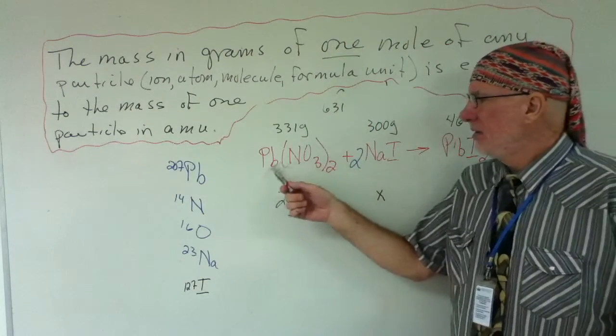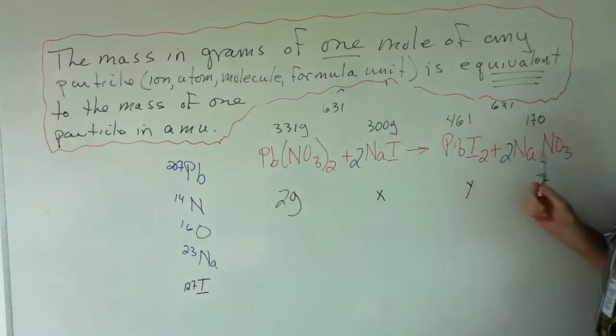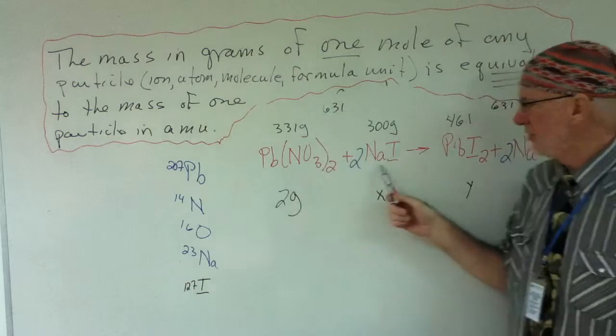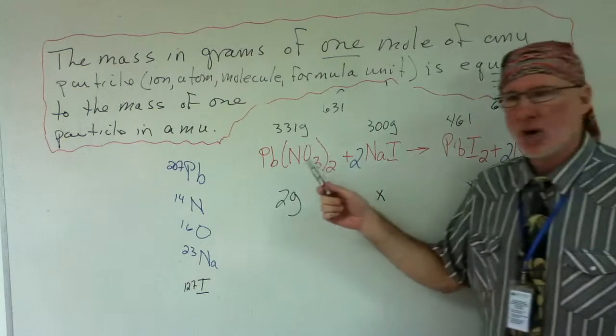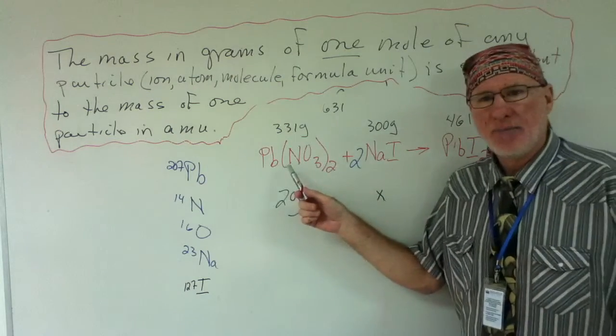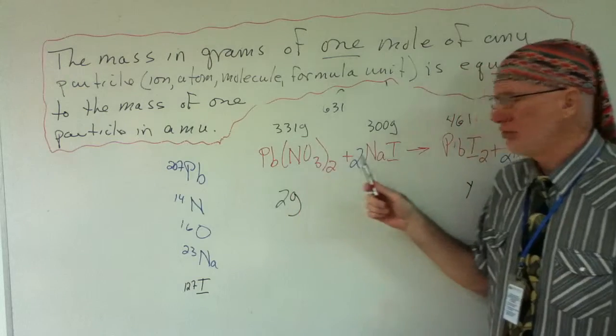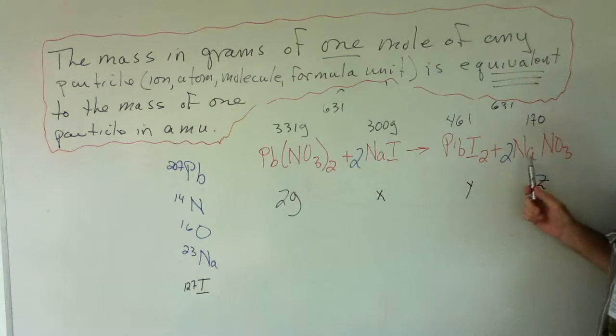So, the mass of 1 mole, we're going to look at this as 1 particle, 2 particles, 1 particle, 2 particles, or 1 dozen, 2 dozen, or 1,000, 2,000, or 1 billion, 2 billion, or a mole, 2 moles, a mole, 2 moles.